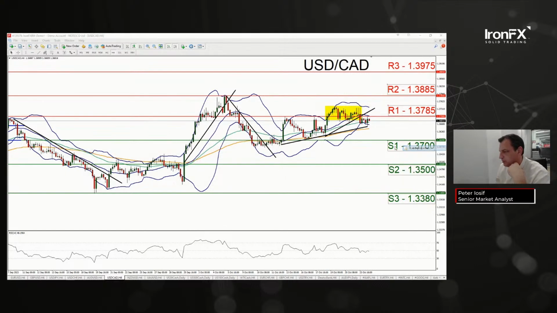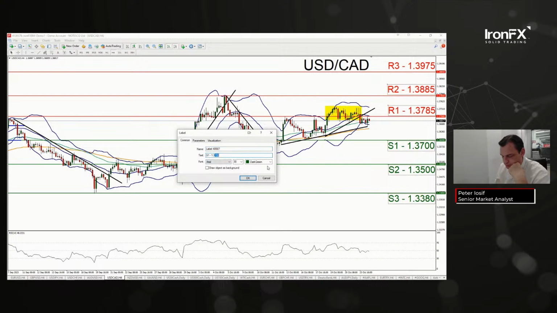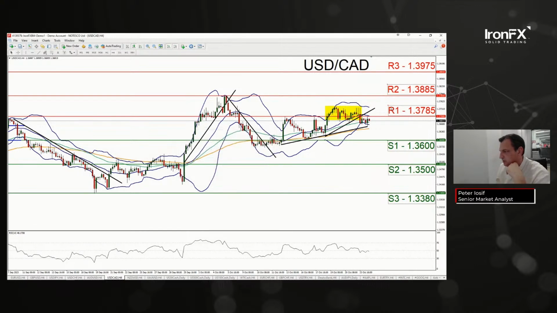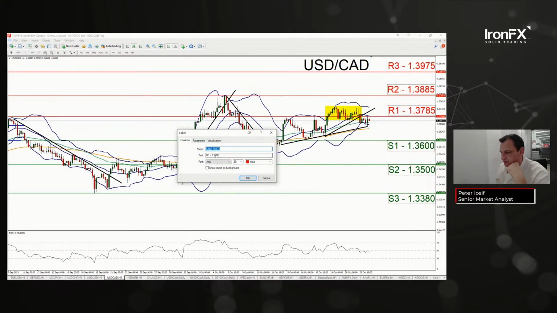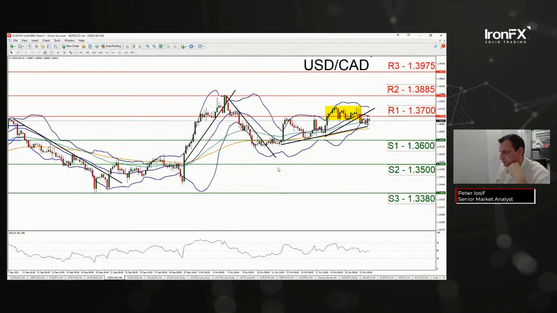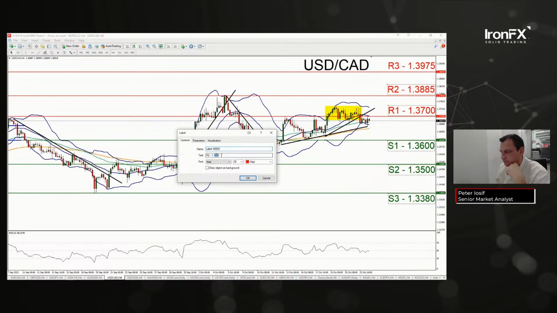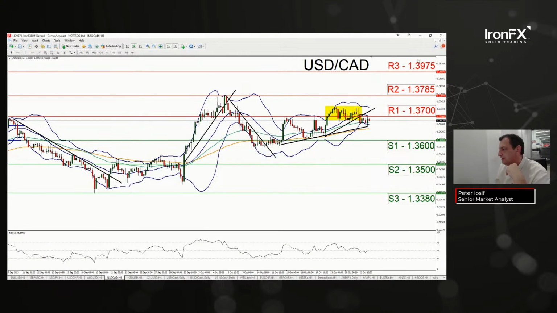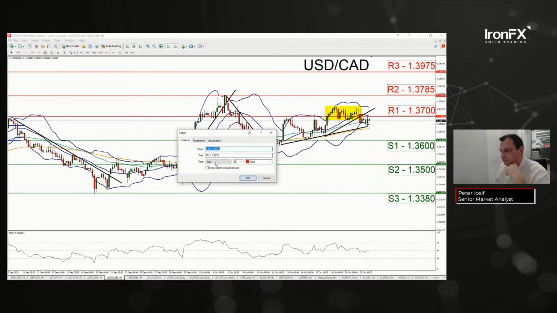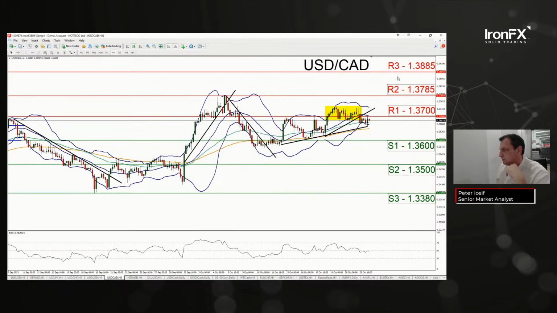The S1 at 1.36. The R1 at 1.37. The R2 at 1.3785. And the R3 at 1.3885. Locking it in.